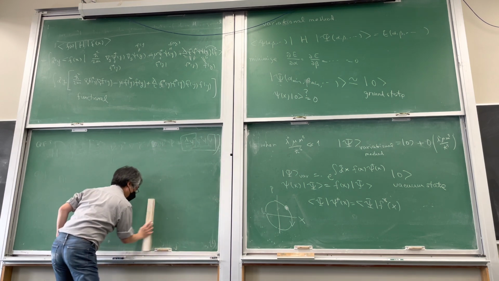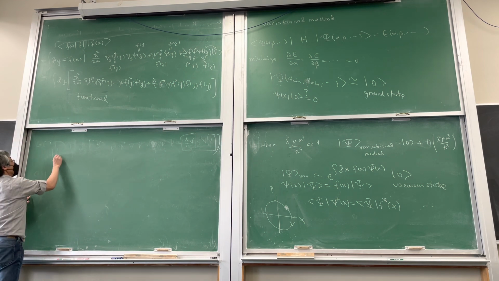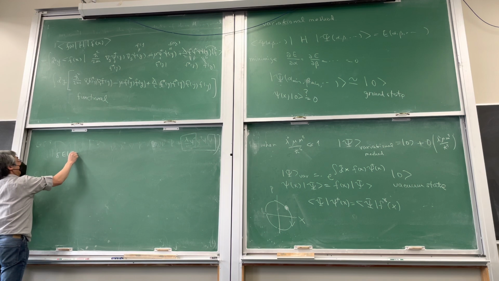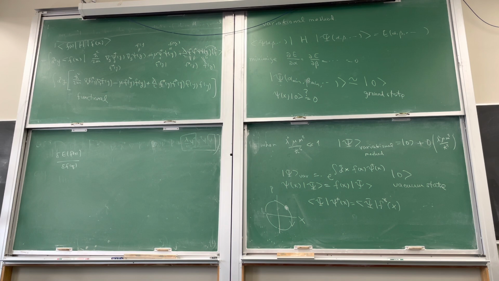So what we have to do then is to minimize this expectation value of energy with respect to whatever this f of y may be. So I take this expectation value, which is now written as f of y, with respect to f of y. And because this is actually a function of functions, people use this symbol delta instead of d, but again, this is a notation. And for simplicity, it's actually easier to work with variation with respect to f star.